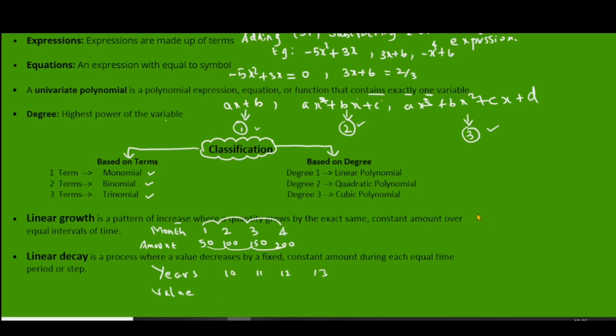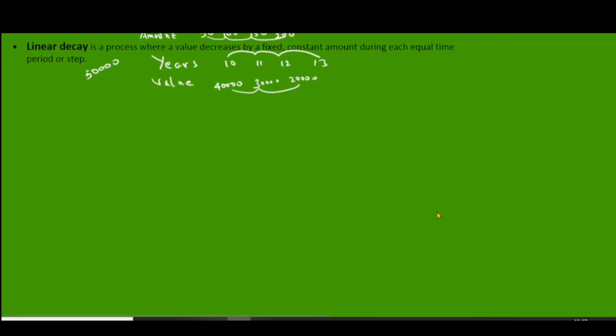Say initially the value of my vehicle is 50,000 rupees. After some years the value reduced by 10,000, so it is 40,000, then 30,000, and 20,000. Like that, the value will reduce by an equal amount. If the duration increases and the value reduces, that is called linear decay. If the duration increases and the value also increases, that is called linear growth.